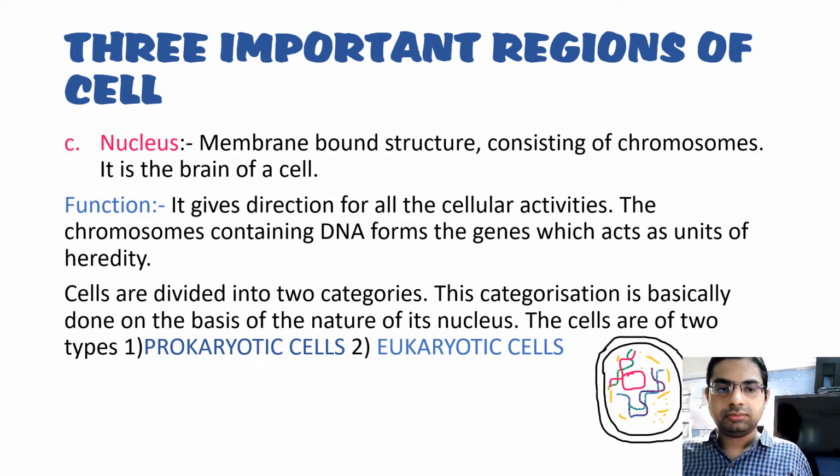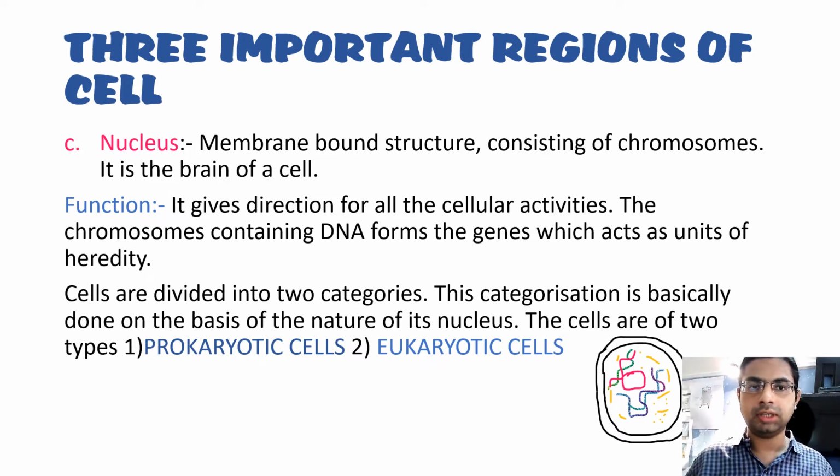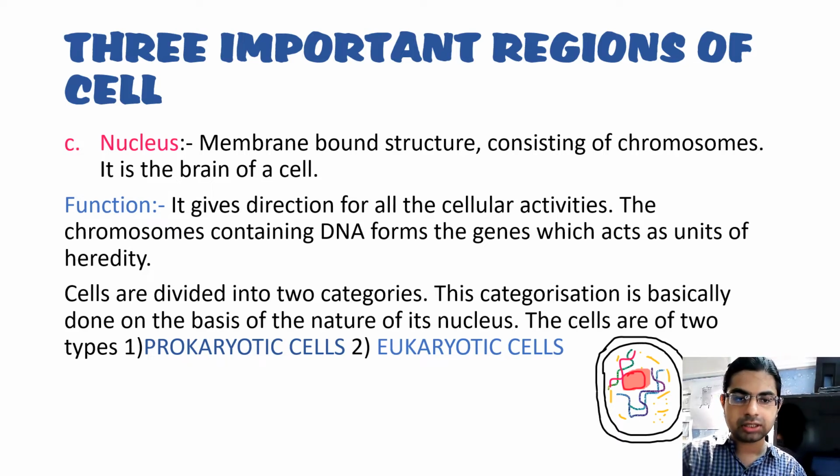Now the nucleus. I'm just drawing this red part to make you understand. This is the nucleus. It is a membrane bound structure, meaning it is covered by a membrane known as the nuclear membrane, and inside the nucleus chromosomes or genetic materials are present.